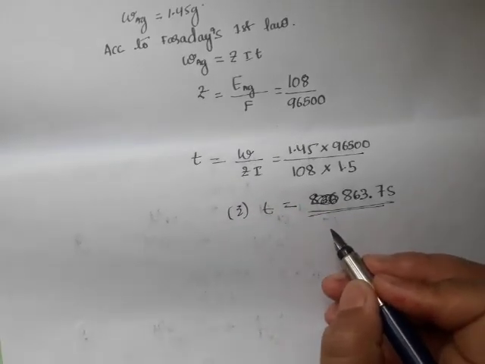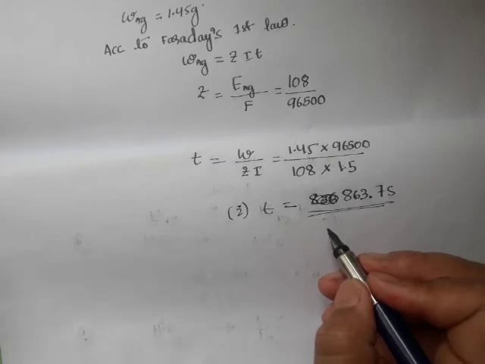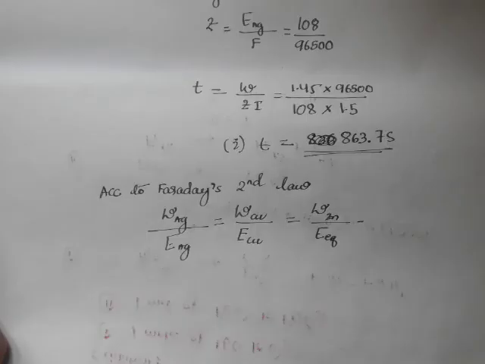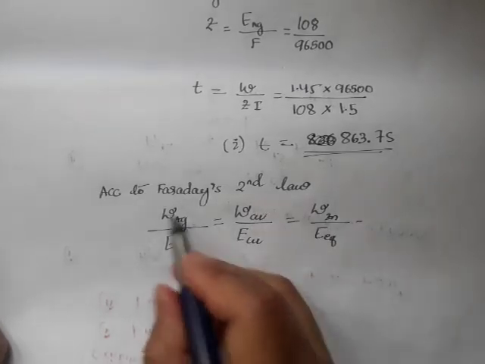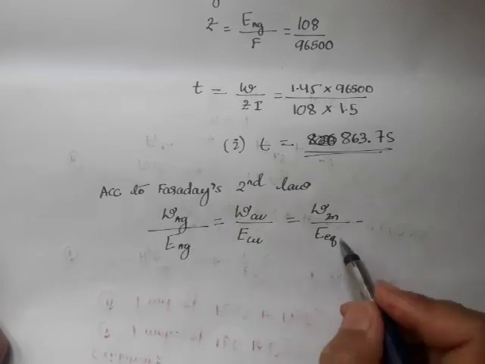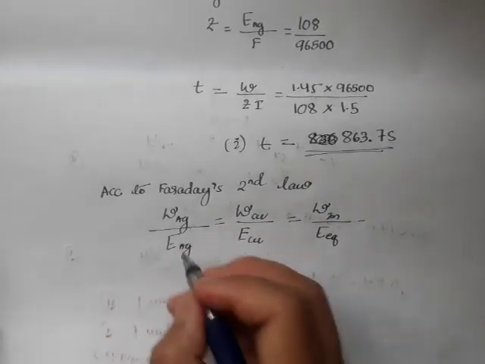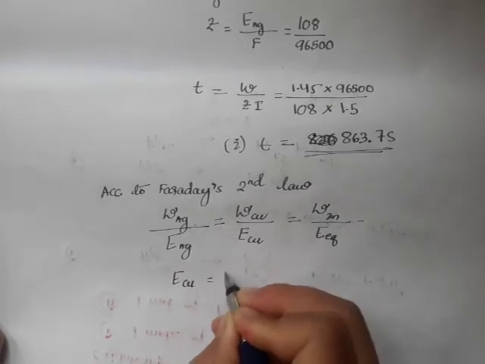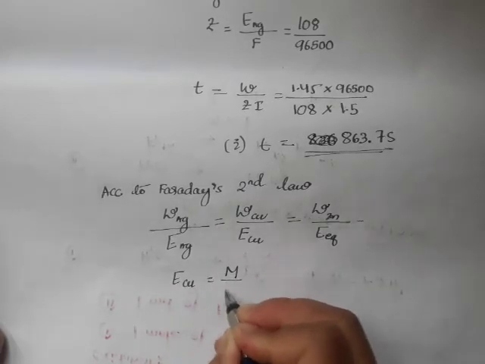Now in the second part, you need to calculate the zinc and copper deposited at the electrodes. According to Faraday's second law, the weights are in proportion to the equivalent weights. The equivalent weight of copper is molar weight divided by valency.